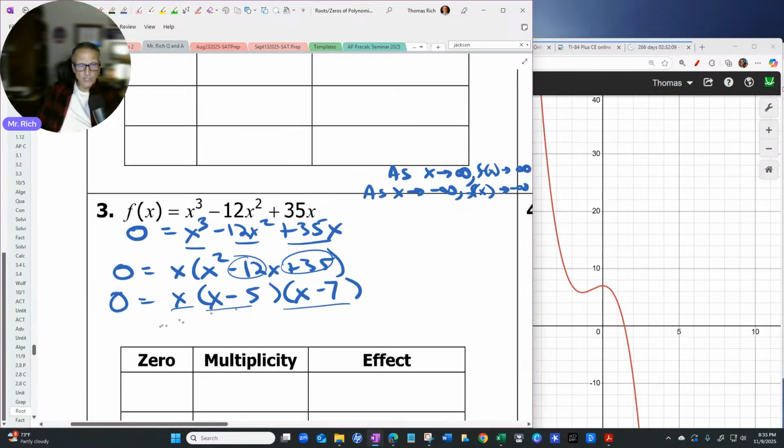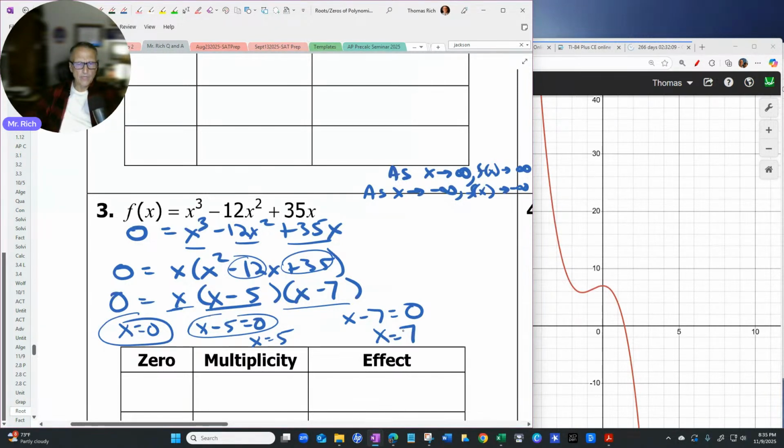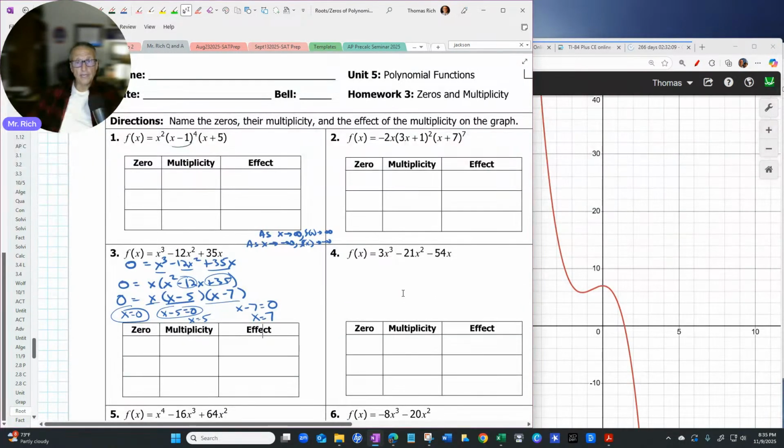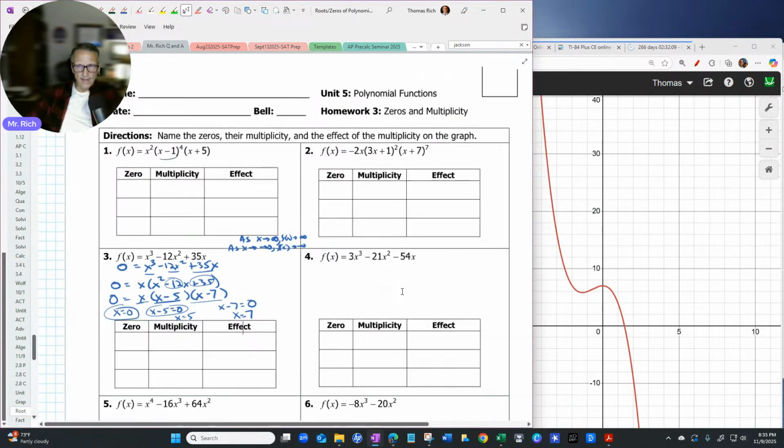So this equation will be true if either the first factor, x, is 0, or the second factor is 0, or the third factor is 0. Well, there's one of my solutions. That one, when you solve it, you get x equals 5. And here you get x equals 7.